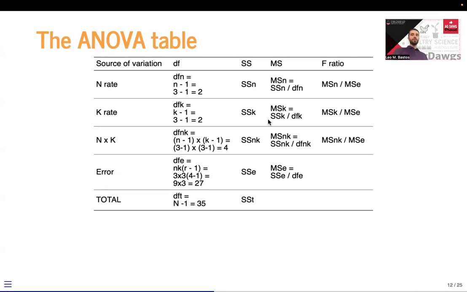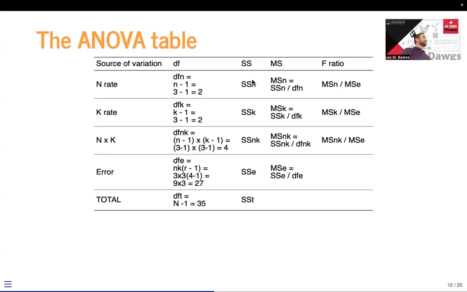Then next we do the mean squares, and the mean squares is where we need to start thinking about how things are getting connected. Notice how the mean squares for each one of these factors is the sum of the squares of that factor divided by the degrees of freedom of that factor, right?